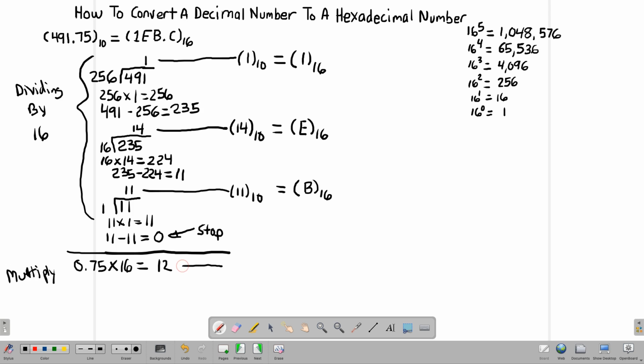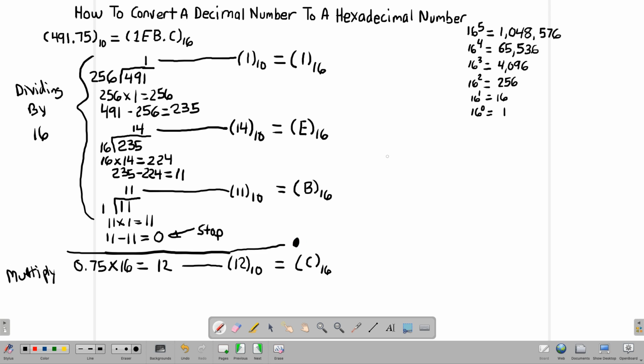And we can say here that 12 is represented in decimal form, and when we convert this, its hexadecimal representation is the value C. So we can let this line here pretty much represent the decimal point.